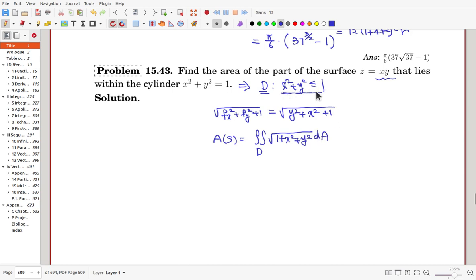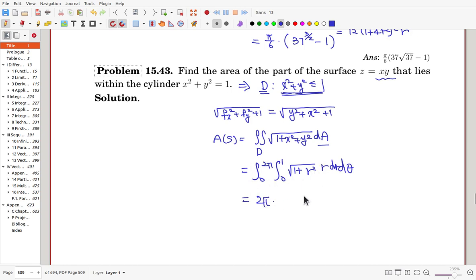Now this is again a polar region. Theta, the angle, is from 0 to 2 pi, r is from 0 to 1. So that is from 0 to 2 pi, and from 0 to 1, the square root of 1 plus r squared, and dA must be r dr d theta. Again, the theta integration is theta independent, so we get 2 pi immediately.